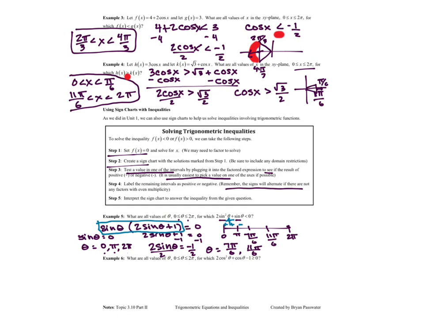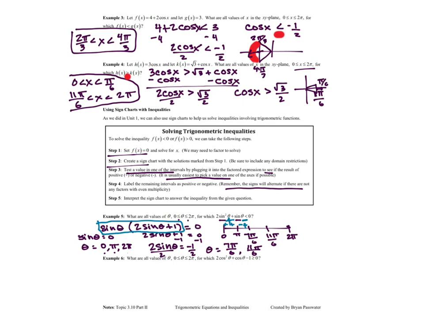And if I put a negative fourth in place of sine theta, I've got 2 times a negative fourth, which is a negative half, plus 1. Negative 1/2 plus 1 is positive. So that interval is going to come out negative.